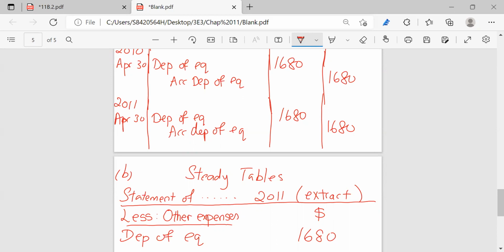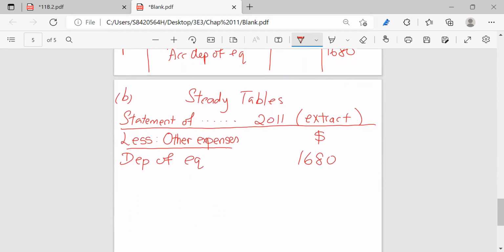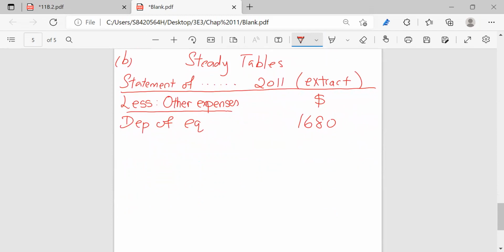That means every year the usage, the depreciation, is 1680. That's why the expense for each year is 1680. So this number actually appears in every year's statement of performance. But your statement of position is as at that point in time.